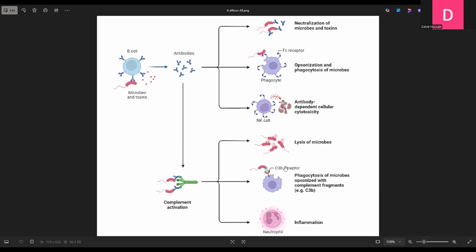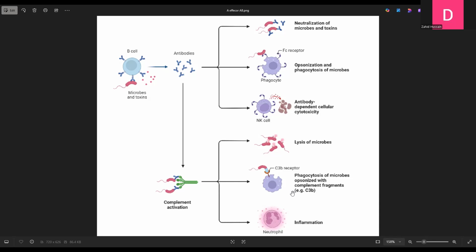So it will promote opsonization and then phagocytosis. When phagocytosis, or eating of these microbes by macrophages, will take place, they will destroy or kill this microbe.